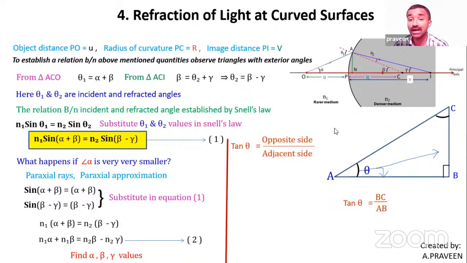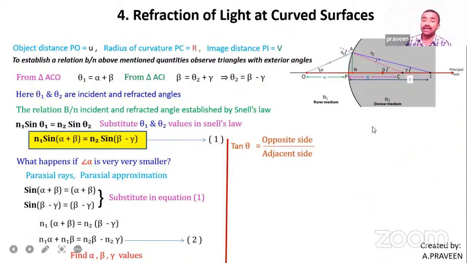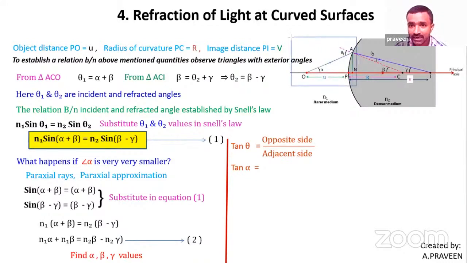So from the diagram on the screen, I am using the right-angled triangles here. To find alpha, I can take tan alpha. Which triangle can we consider here? The triangle is ANO.